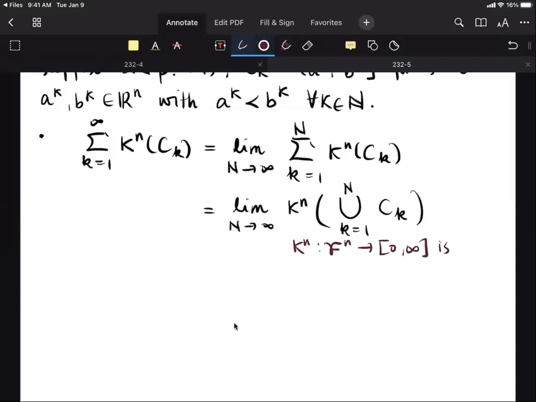Hence, it is additive. And take note that this is what? In the ring of figures, this is a cell, hence also a figure. So we apply the additivity of kappa n with respect to the figures.